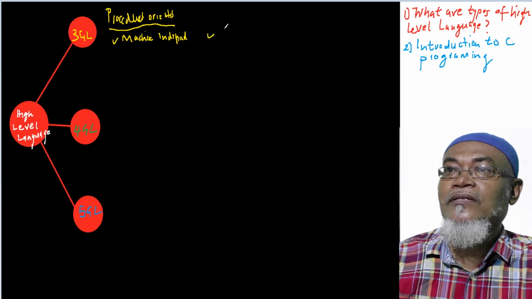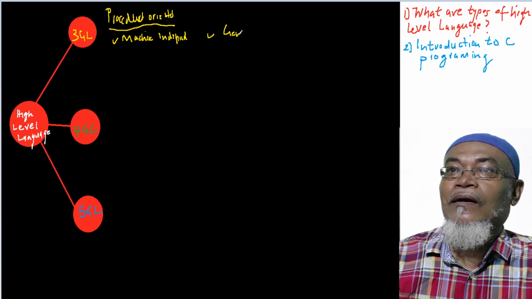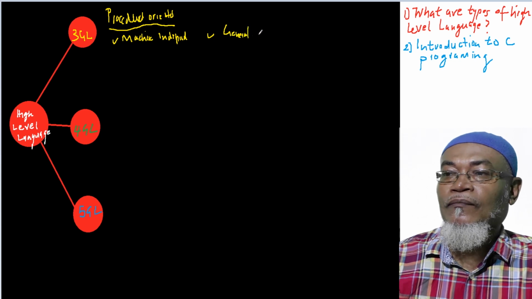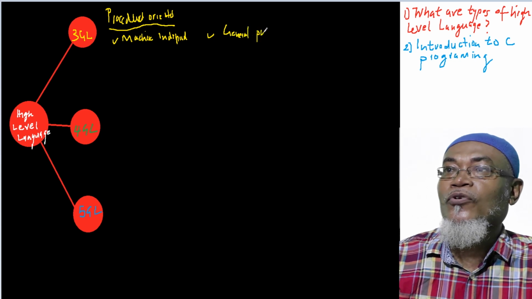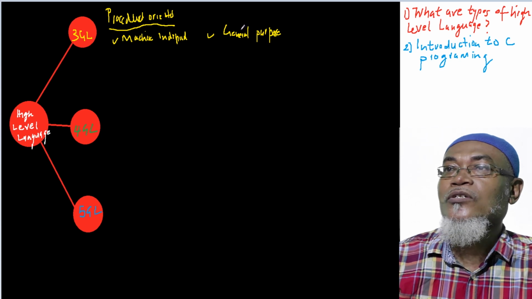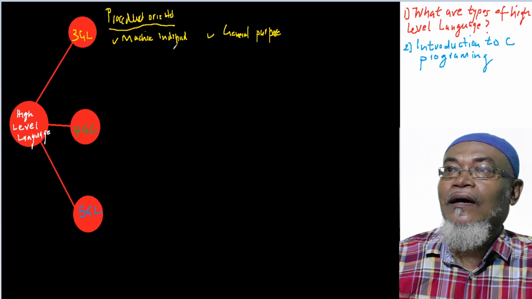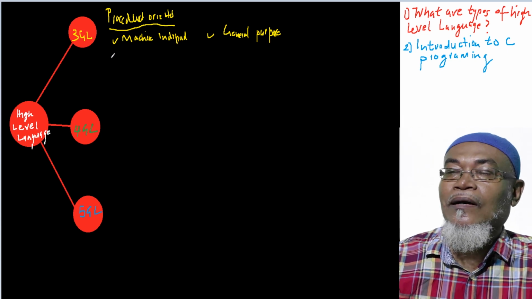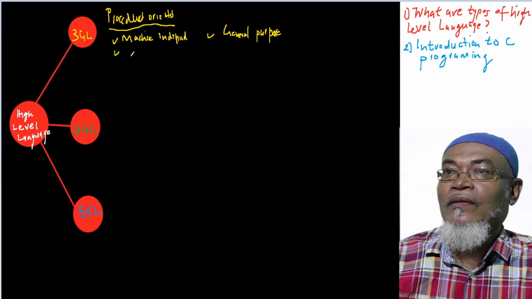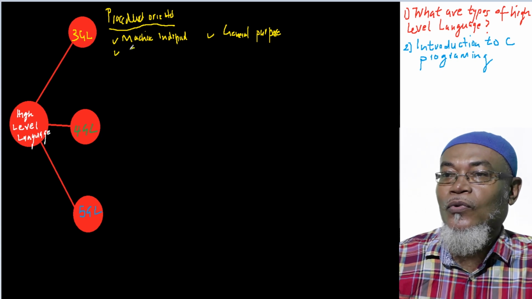Basically, these 3G high-level languages are used for general purposes. So their problems can be for any purpose. If a programmer wants to write a program for any general purpose, like computing or solving any problem, then this will be a suitable one.